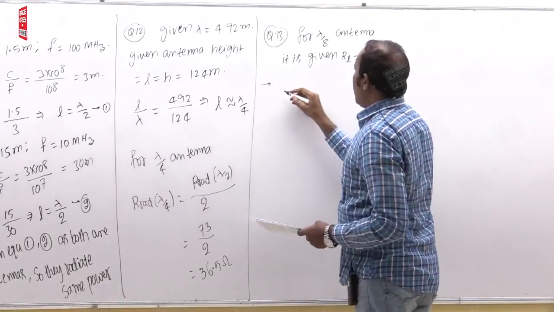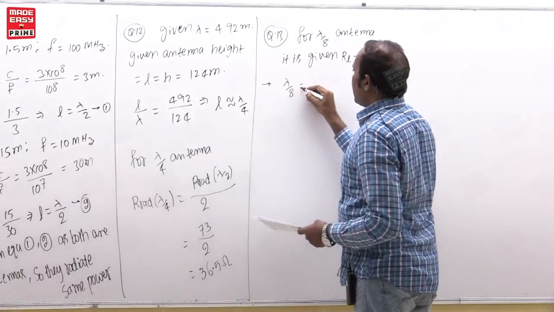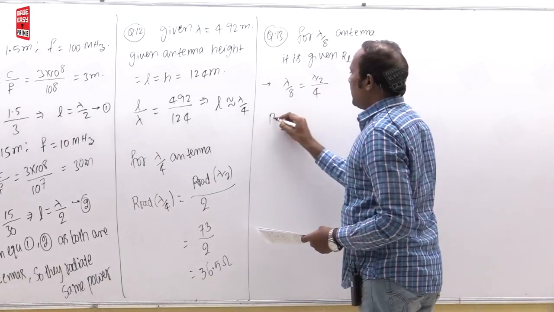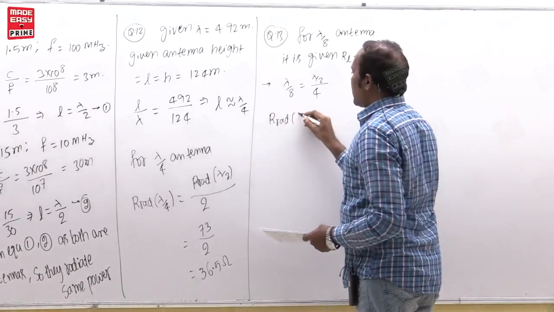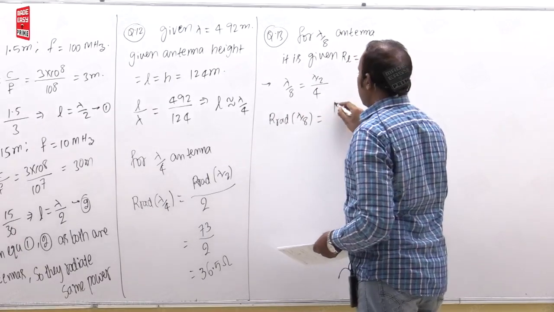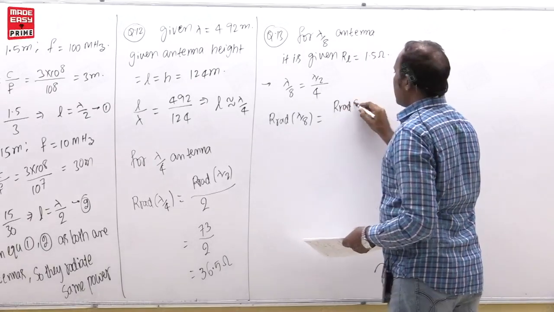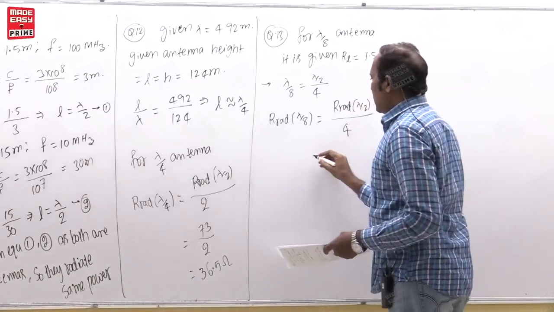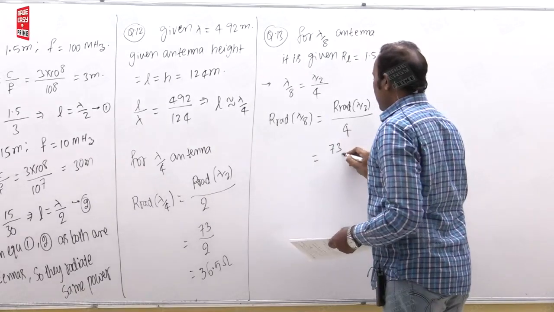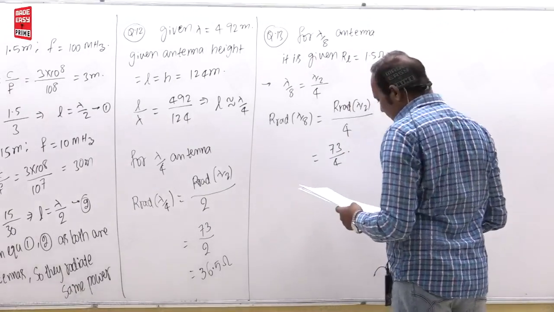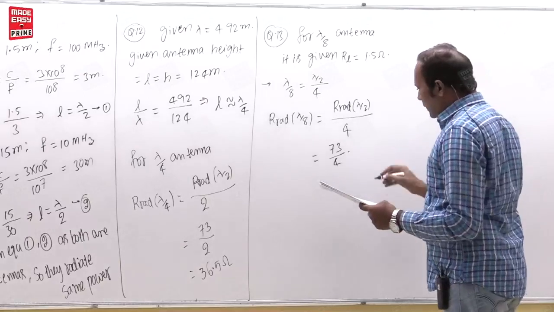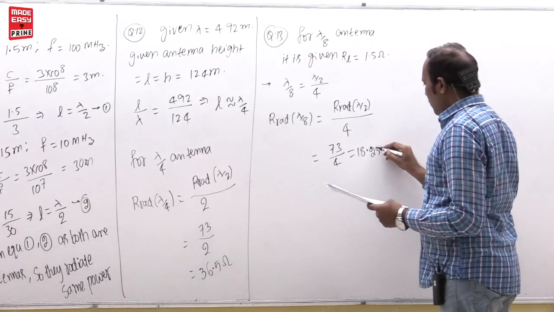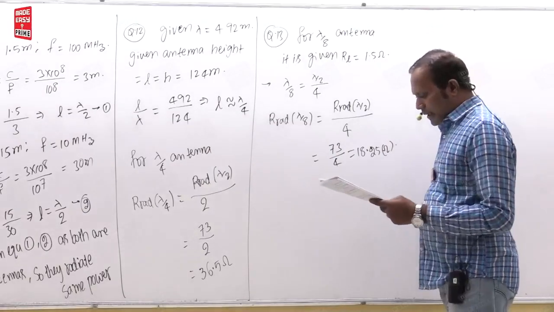So lambda by 8 is nothing but lambda by 2 divided by 4, my dear students. That means the radiation resistance of lambda by 8 antenna is equal to the radiation resistance of lambda by 2 antenna divided by 4. That is equal to 73 by 4. So this value becomes 18.25 ohm, dear students, right?